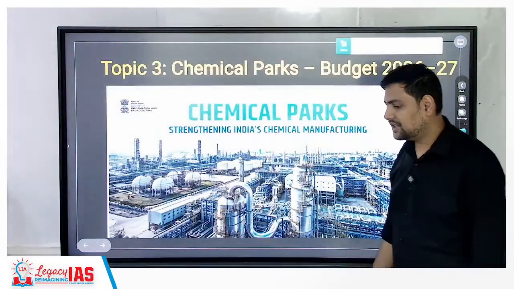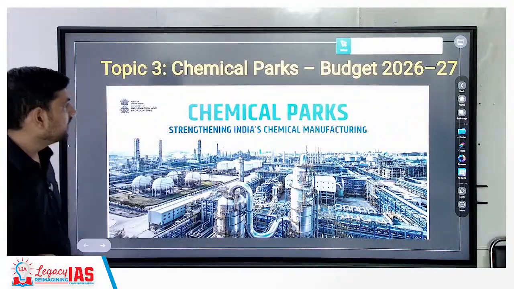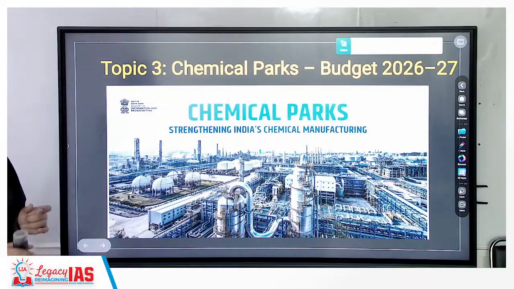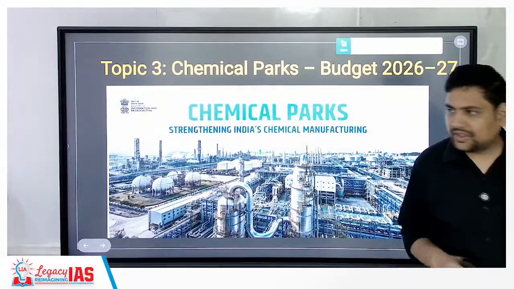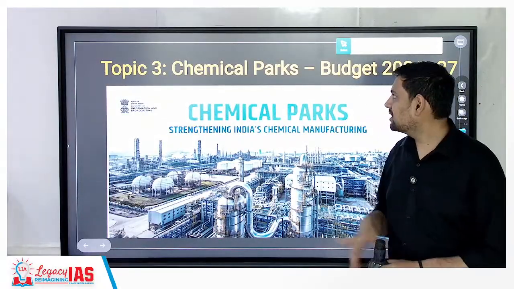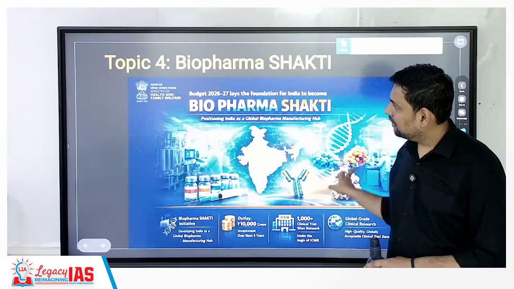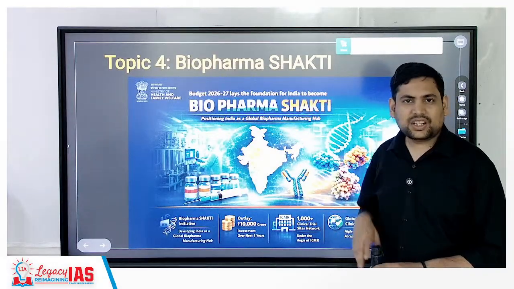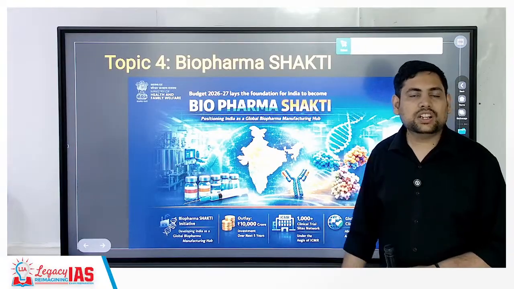Then next is chemical parks. This is what came from Budget 26-27. Now that we have done the India AI stack, this is chemical parks, and after this we'll see a topic called Biopharma Shakti. These are the three most important ones in the budget. I gave you an overview of the main budget provisions in the last lecture, correct?